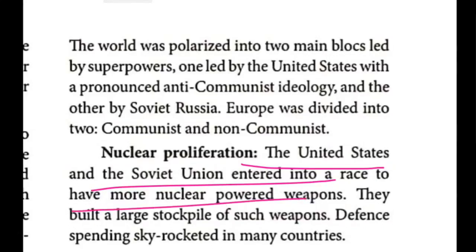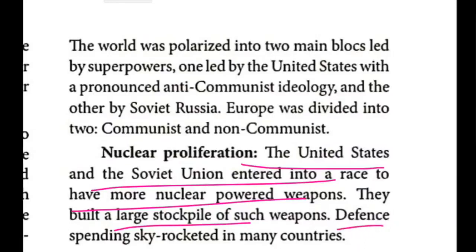So they built a large stockpile. What does stockpile mean? For future use, they were storing many weapons for using in the time of shortage. They kept much arms and ammunition, so that is the stockpile of such weapons.